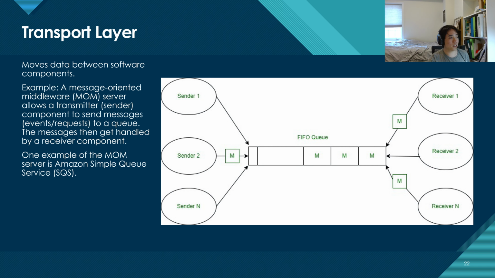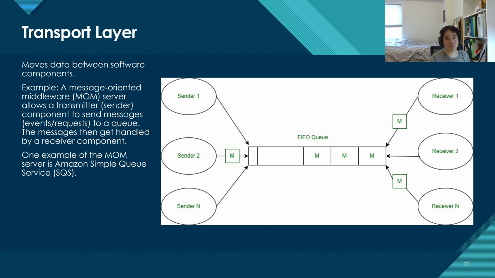In the transport layer, we have something called message-oriented middleware, otherwise known as MOM. We have a MOM server that will send messages into a queue so that the receivers will be able to pick them up and take them away from the queue.